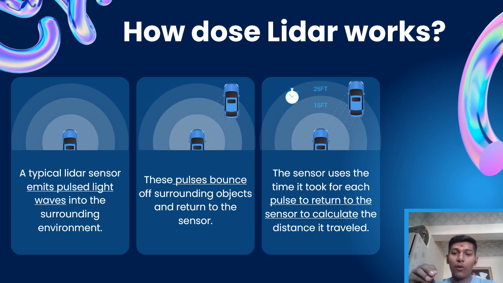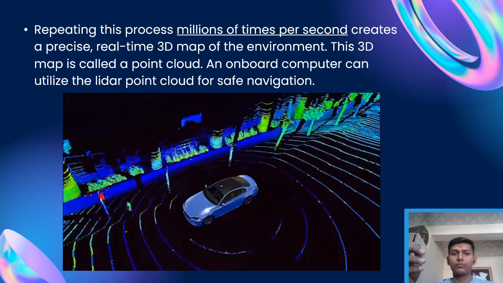The sensor counts how much time it takes for the waves to come back from any objects, and it creates the depth map. Repeating this process millions of times a second creates a precise real-time 3D map of the environment, and this 3D map is called a point cloud.